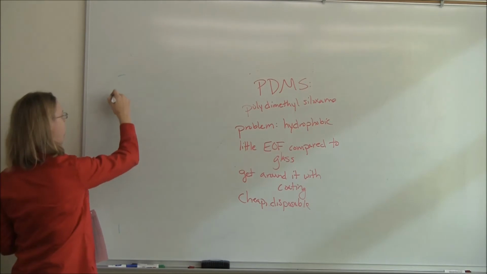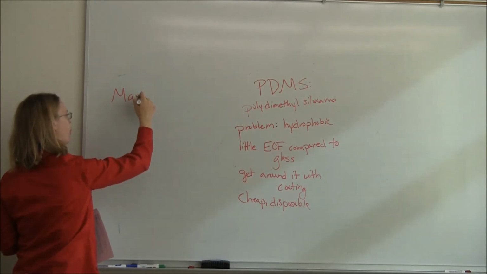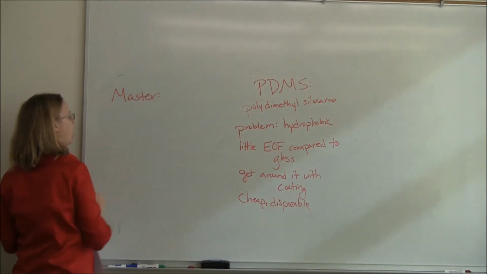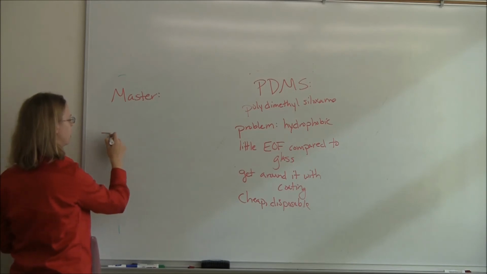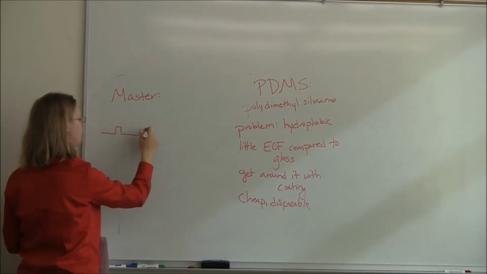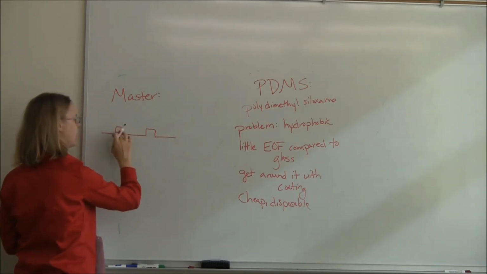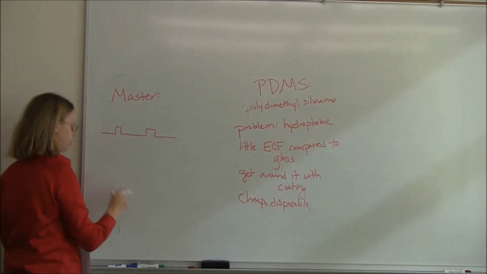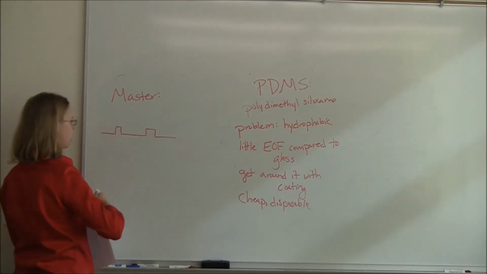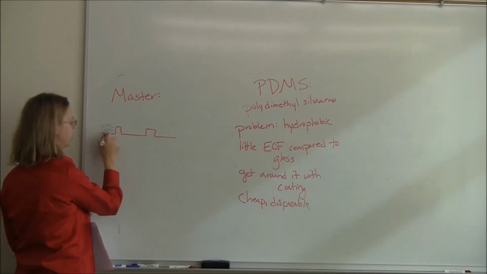Typically, you make a master. And so if you want a channel, for the master you want to make something that has features that go up. And then what you do is you pour your PDMS.